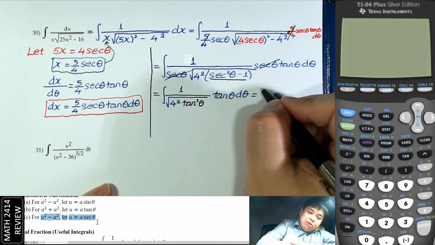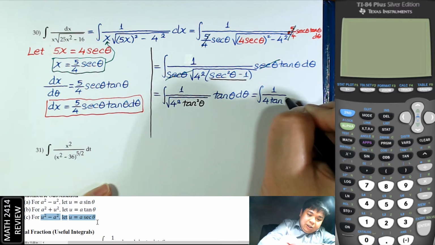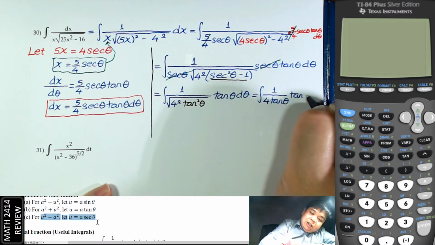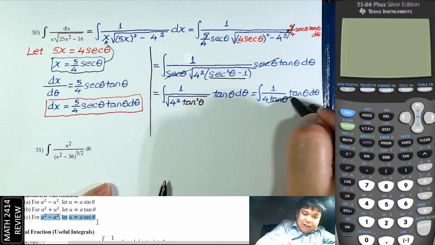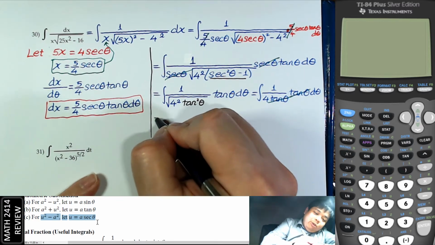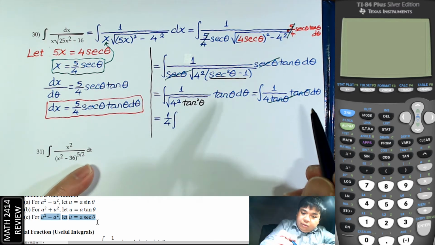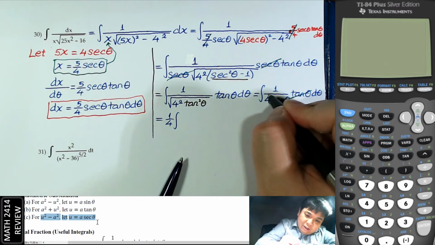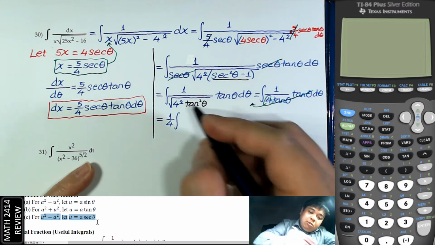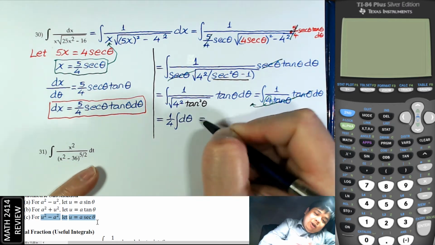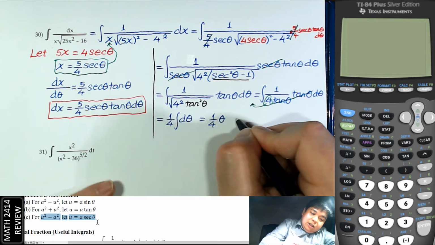Right, cancel out. 4 tangent theta, tangent theta, d theta. Right. That conveniently cancels out. We just have 1 over 4. Take out the 4. And that's just d theta. So that gives us 1 over 4 theta plus c.